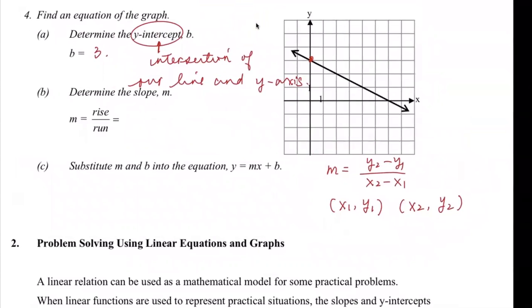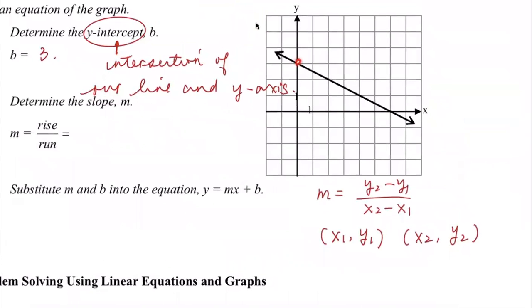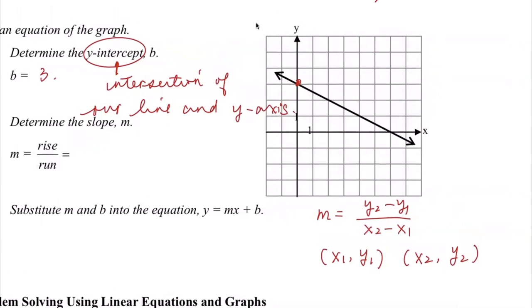We can literally find any point. So we know this is a point, right? We can use this point, we can use this point, we can use literally any other point on the straight line. But that's theoretical, right? In this specific case, we need to find a point where its coordinates are easy to read.